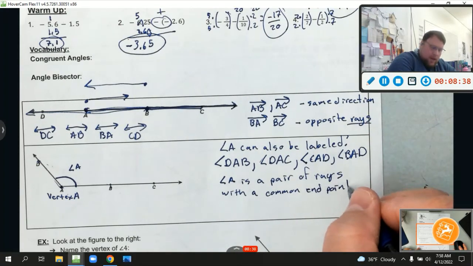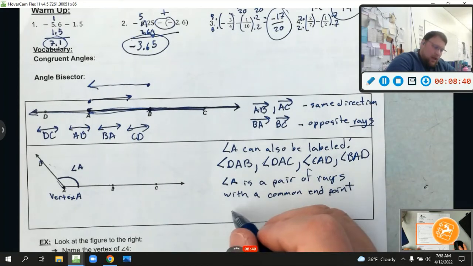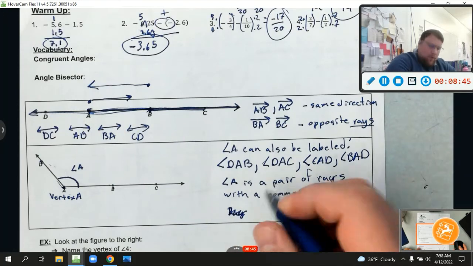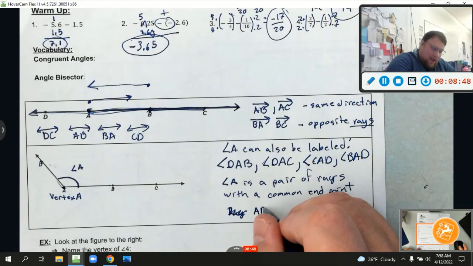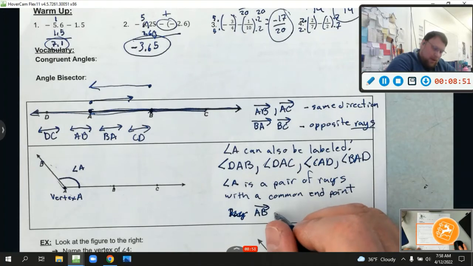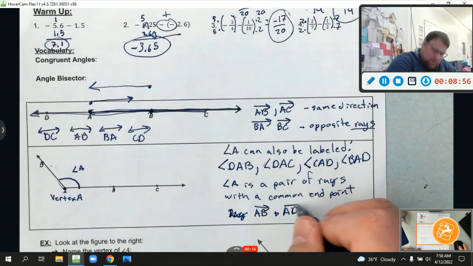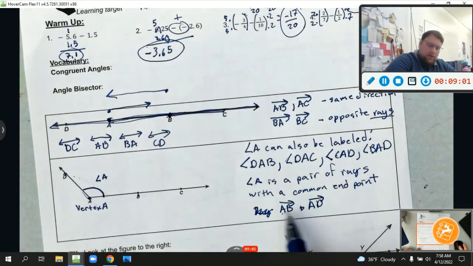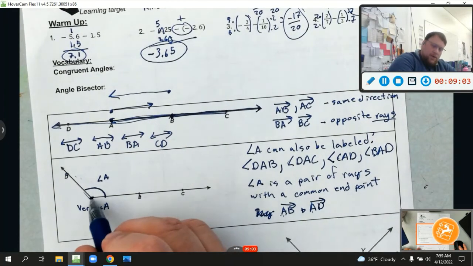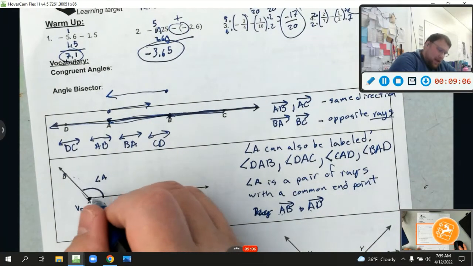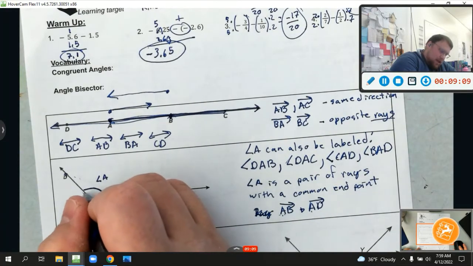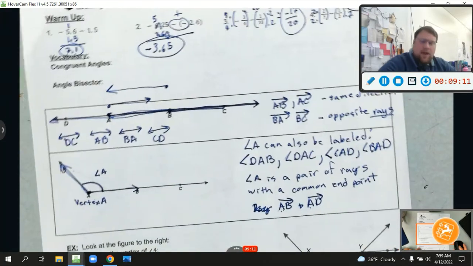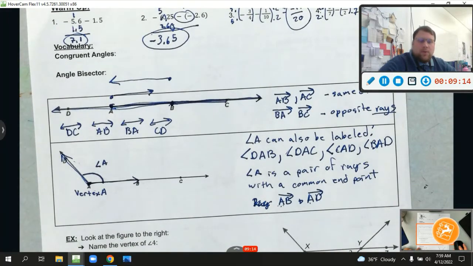Now there's more than one ray I could use for this, but for example, angle A is really made up of ray AB and ray AD. So what is their common endpoint? Remember, the endpoint always goes first, so the common endpoint is A. It's always going to be that vertex, and AB goes this way, and AD goes this direction. And so that's your two rays with a common endpoint.